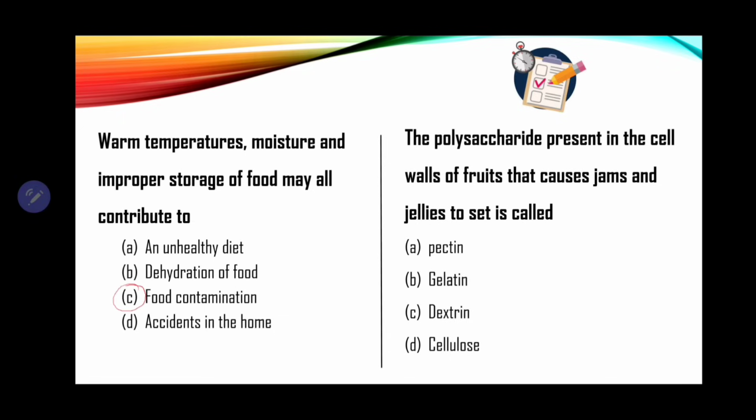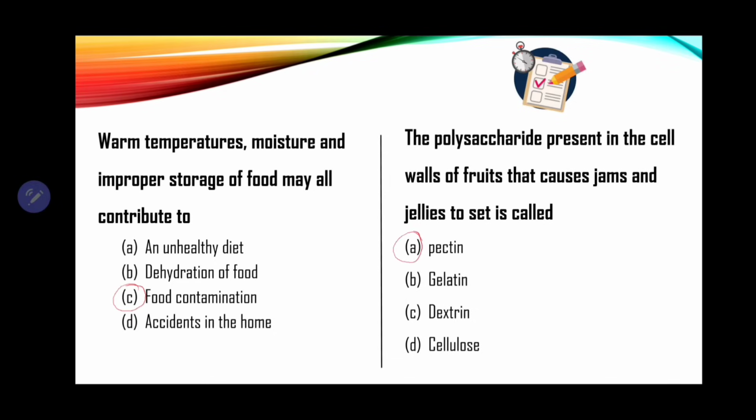Next question. The polysaccharide present in the cell walls of fruits that causes jams and jellies to set is called A. Pectin, B. Gelatin, C. Dextrin, and D. Cellulose. Now, the correct answer here is pectin.